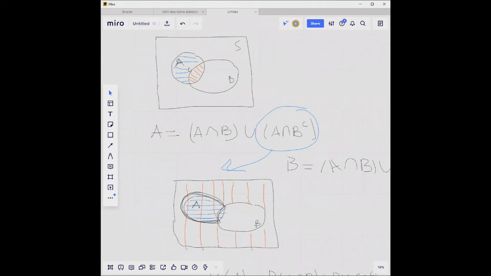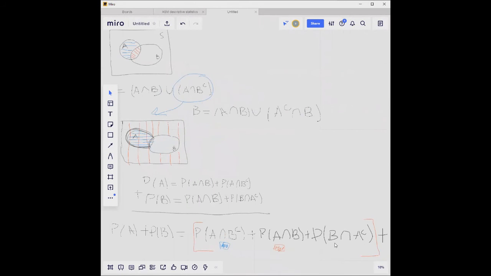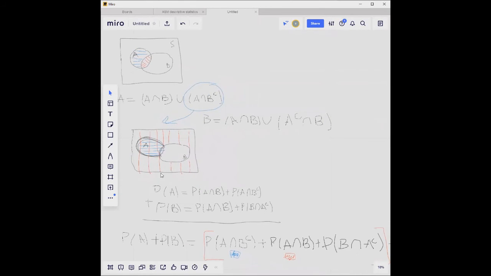This is the blue region over here, everything that is inside of A but outside of B. Next, the probability of A intersection with B, which is the region in red, corresponding to the intersection of events A and B. And last, we have everything that is inside of B but outside of A, so B without its intersection with A. Let's color it in purple.